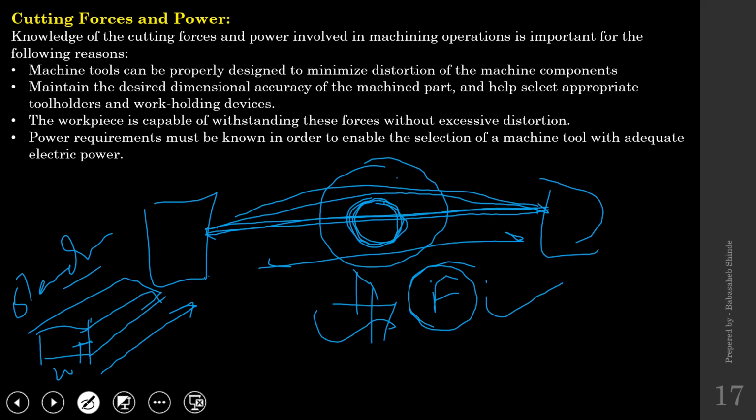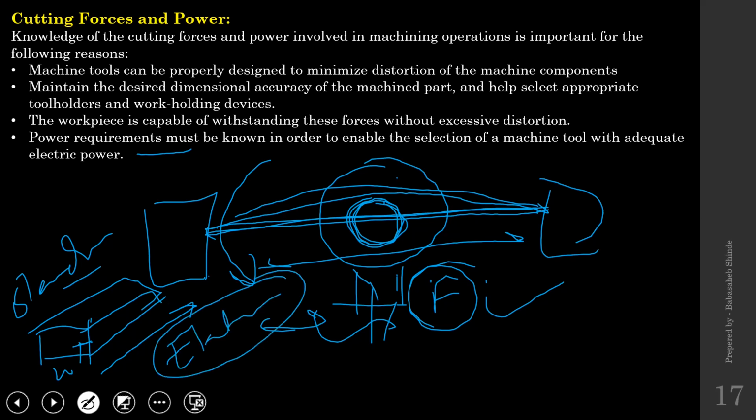And the last one, power requirement. When you want to remove the material, we need to provide a relative motion. The workpiece has to be rotated, and the cutting tool has to be provided with these two motions. And to provide these motions, I need to use some electric drives or some kind of drive to have this relative motion.